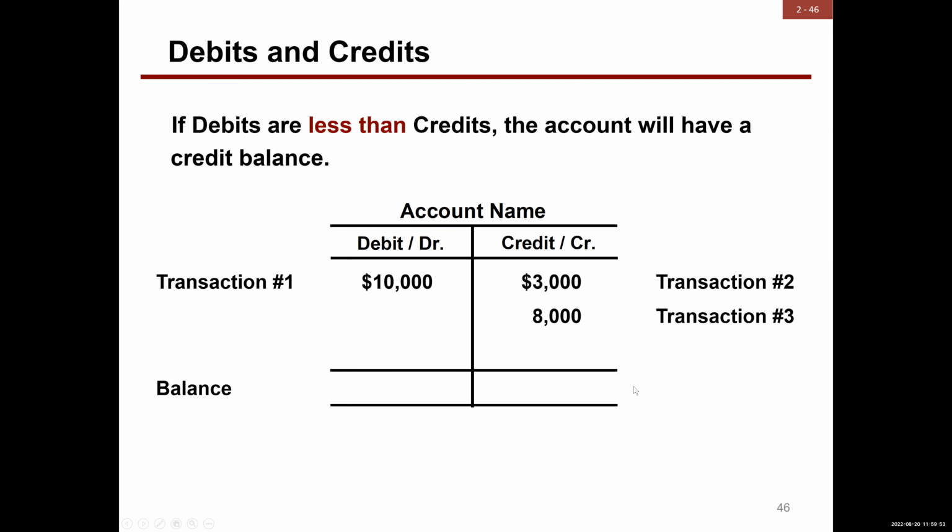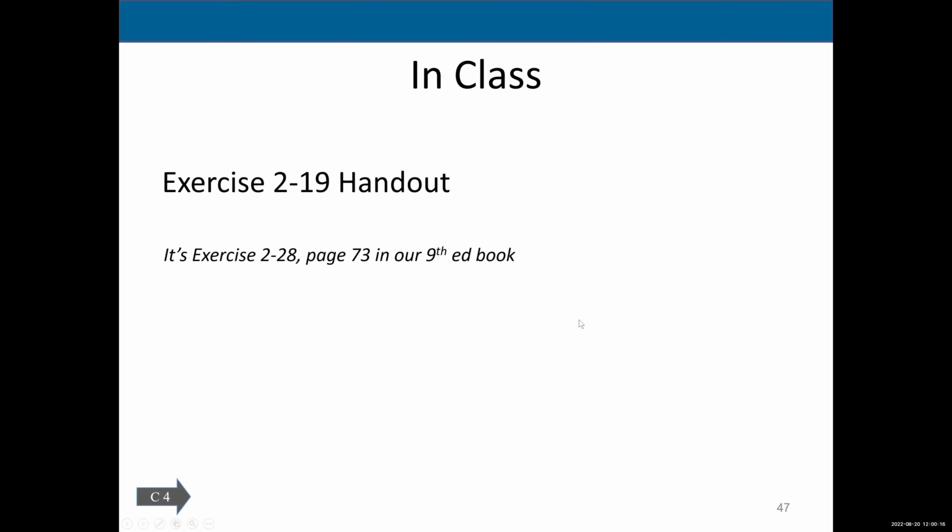So what's the net balance? A credit balance of 1,000. How do I get that? 11,000, right? 3,000 plus 8,000 is 11,000 minus 10,000. And that balance is a credit balance because the credits are bigger. They win. Credit balance of $1,000. Now, we've already done this, exercise 2-19, so I'm going to go ahead and move on.